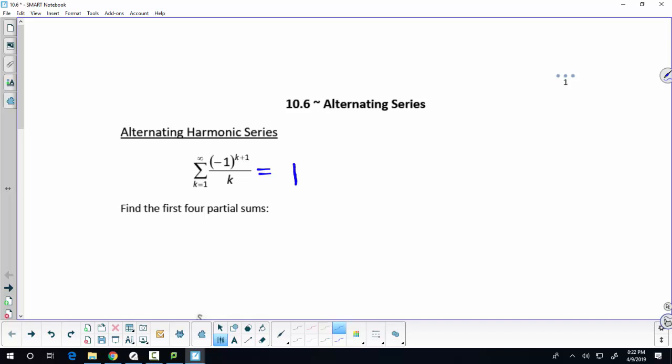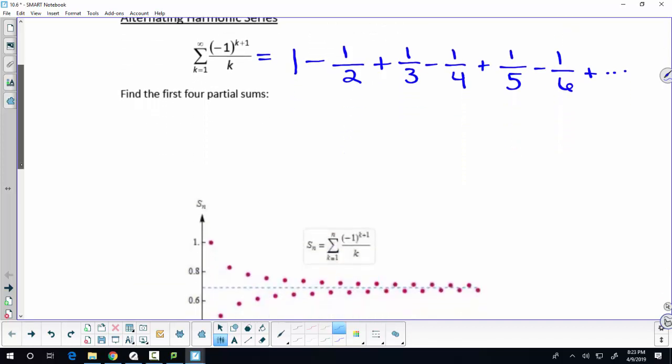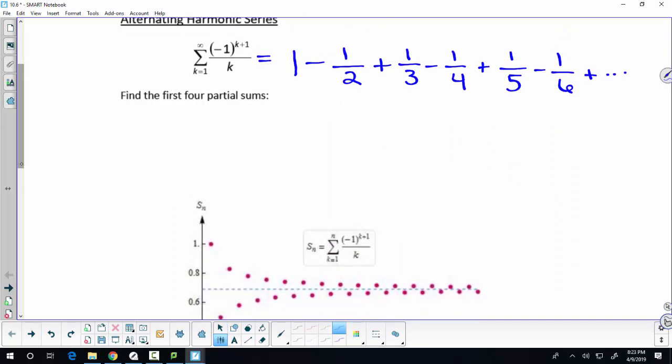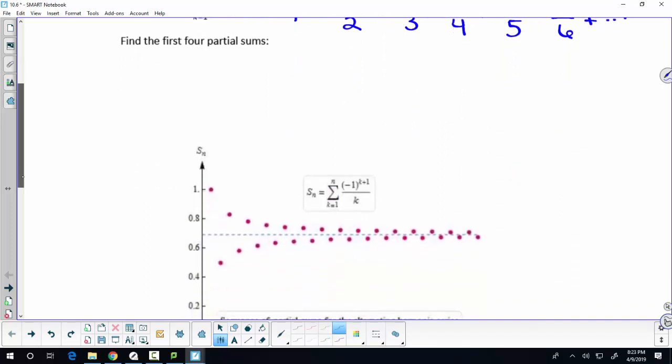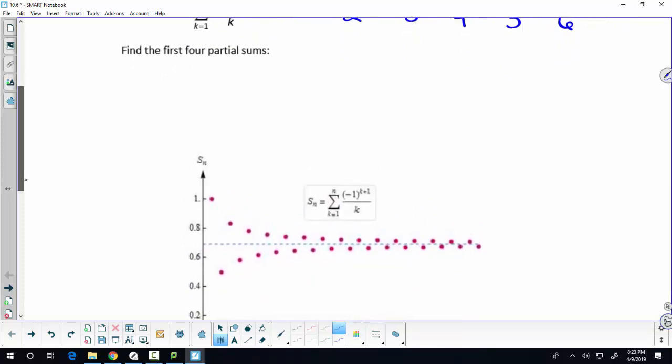The second term is -1/2, plus a third, minus a fourth, plus a fifth, minus a sixth, etc. So that's our alternating harmonic series. Find the first four partial sums. We can do that, but we're kind of pressed for time, so if you want to do that, feel free.